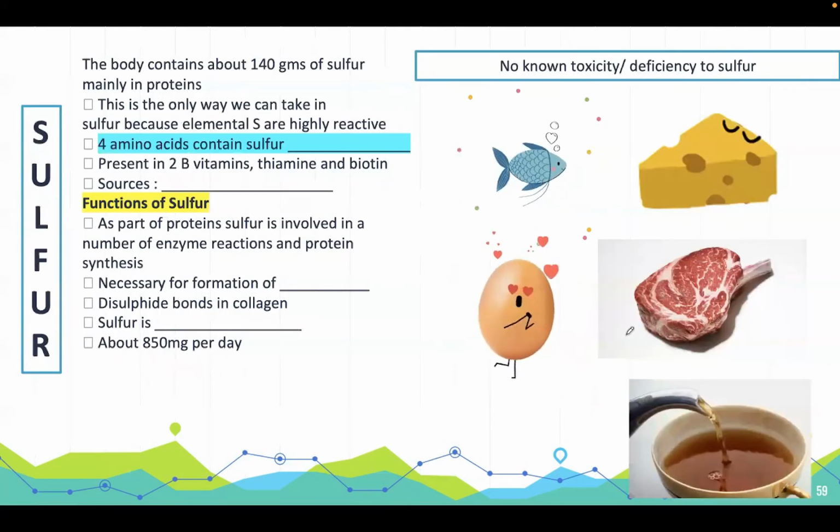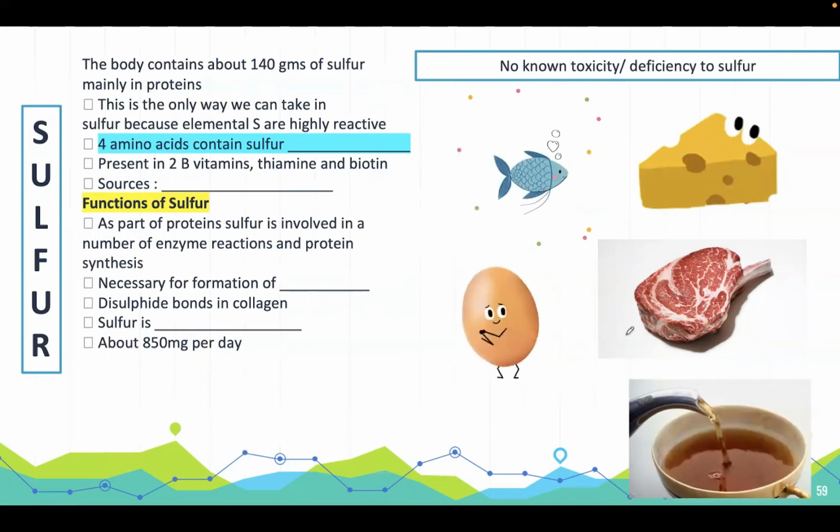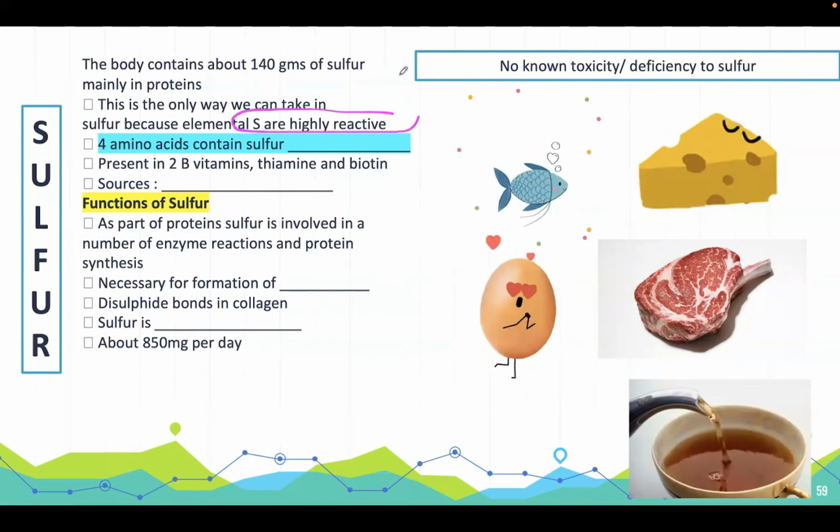Next, let's now move forward to your next mineral, which is your sulfur. The body contains about 140 grams of sulfur, mainly in your proteins. This is the only way we can take in the sulfur because elemental sulfur are highly reactive. Okay, so meron po tayong amino acids that contain sulfur.